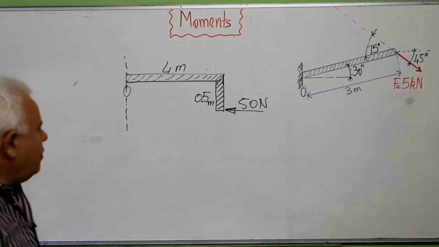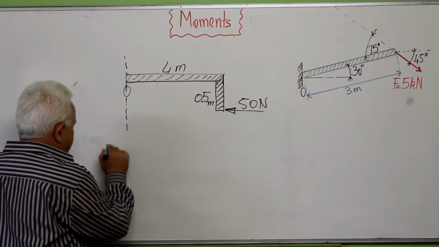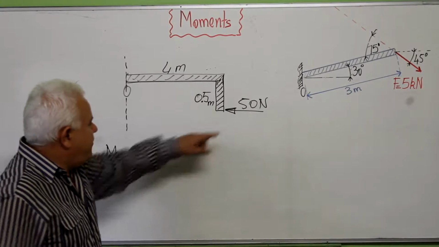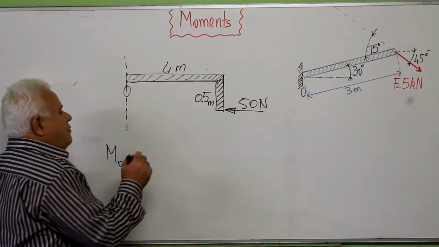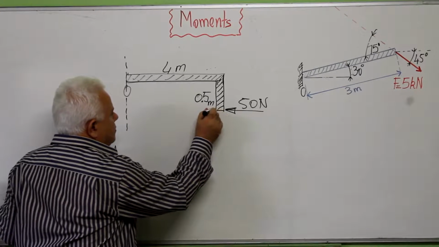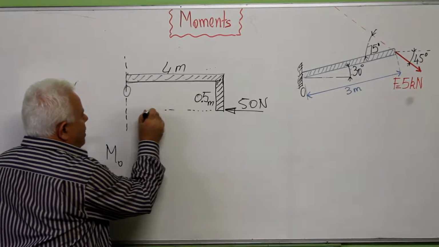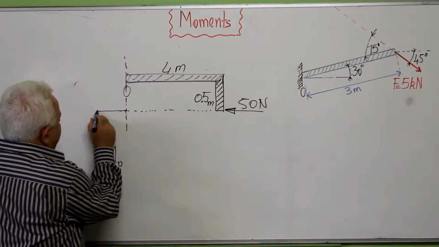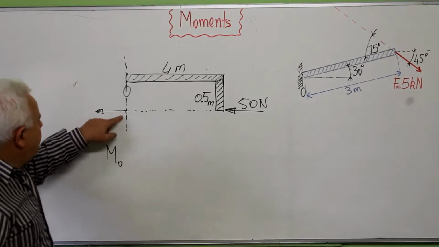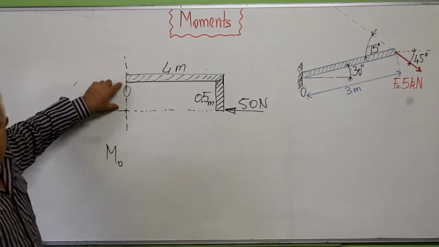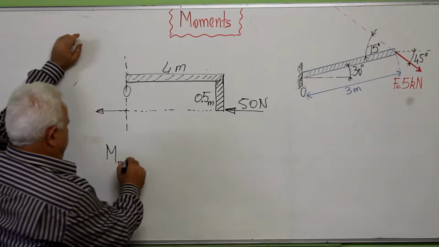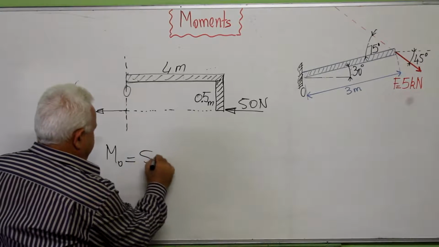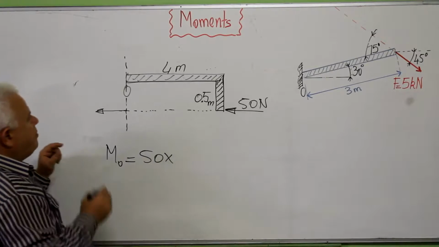Now, to calculate the moment about O of this force F, I have to draw the line of action of this force, and it is applied here, at a distance of 0.5. So therefore, M equals 50 newtons times the perpendicular distance.